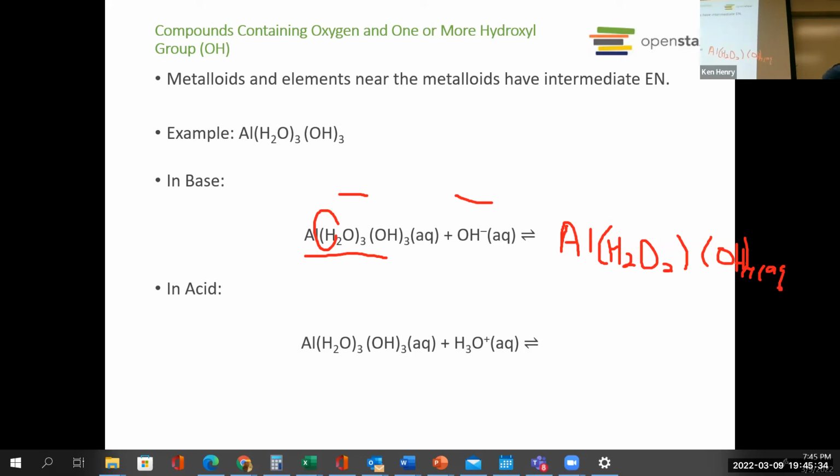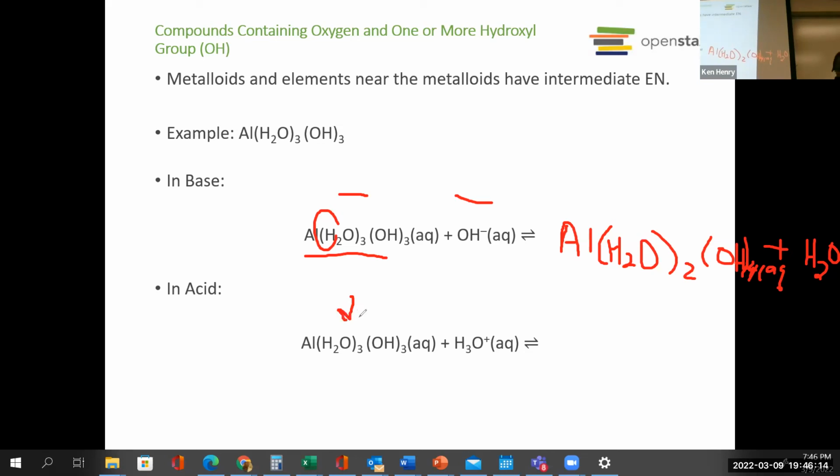Sorry, I screwed that up majorly. And then we'll get plus water, because we're going to be pulling one of the hydrogens here, making it one more OH.